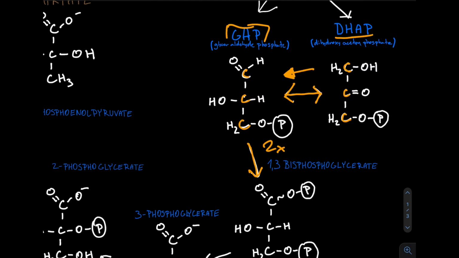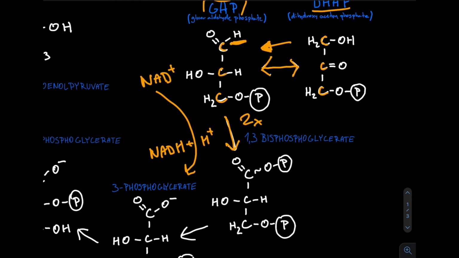In the next reaction, glyceraldehyde phosphate is being oxidized. So basically it means that it loses this hydrogen right here, and it loses it to NAD plus, which is reduced to NADH plus H plus, okay?